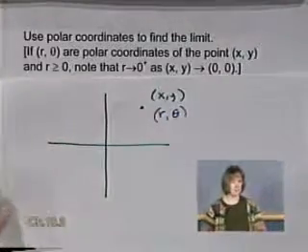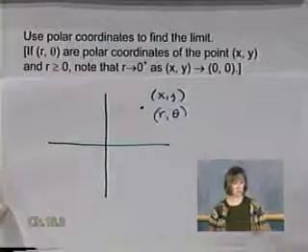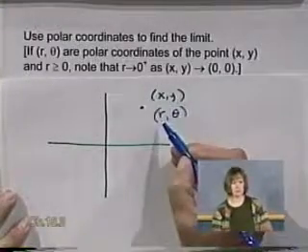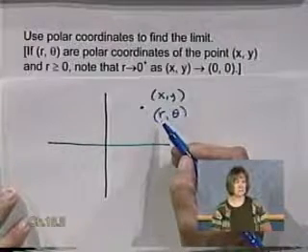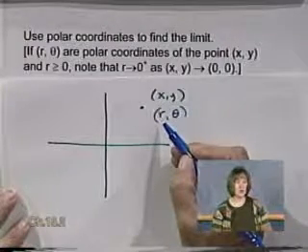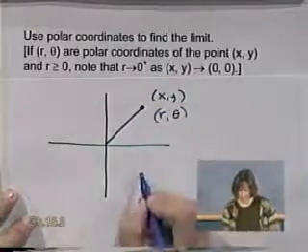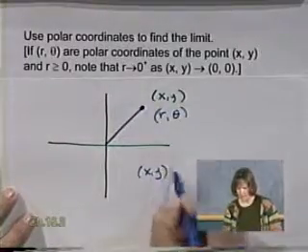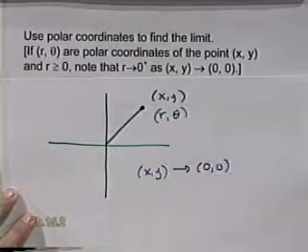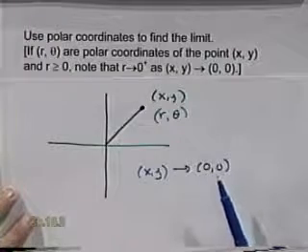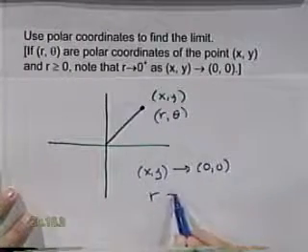We reviewed these a bit in chapter 13 when we did the cylindrical coordinates. Okay. Now notice, what was r? It was the distance the point was to the origin, right? Well, if (x, y) is approaching (0, 0), if (x, y) is getting closer and closer to the origin, what is r approaching?